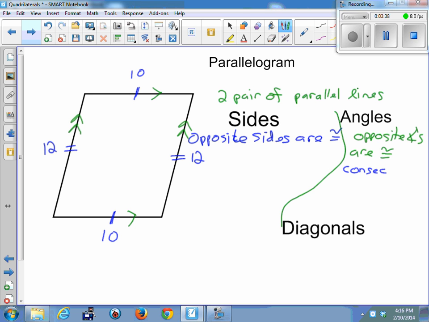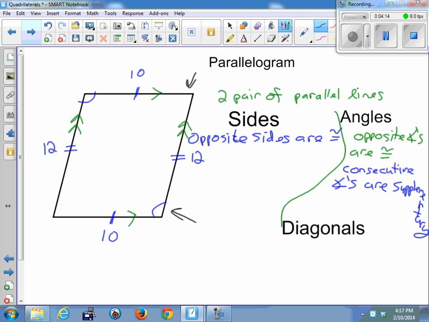Consecutive angles are supplementary. So we have two different rules with our angles. Opposite angles are congruent. So here, this angle and that angle are opposite. However, consecutive, which is right next to each other, so we'll look at this angle and this angle, are supplementary, which means they add up to 180.